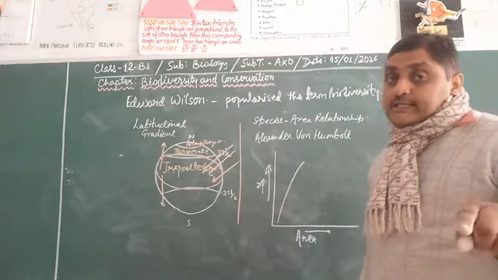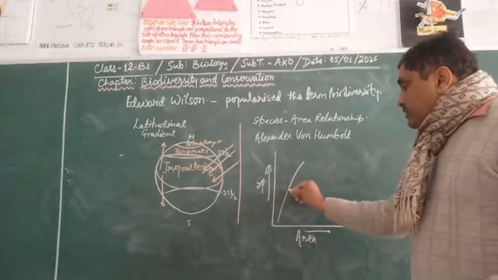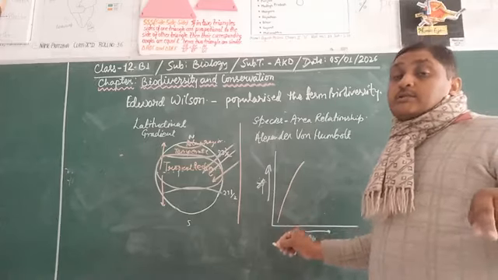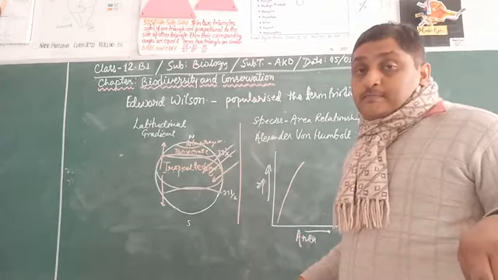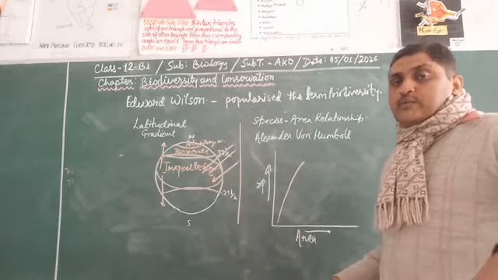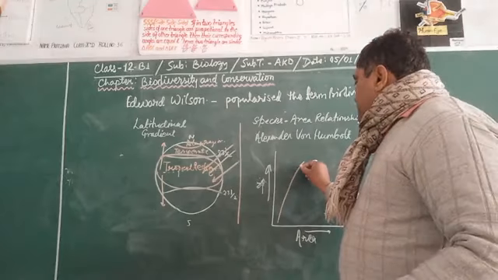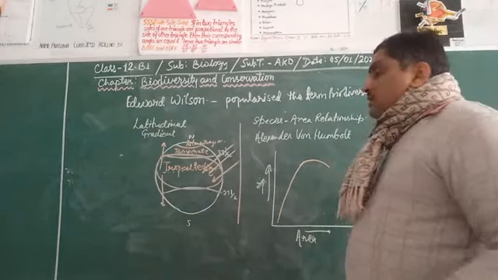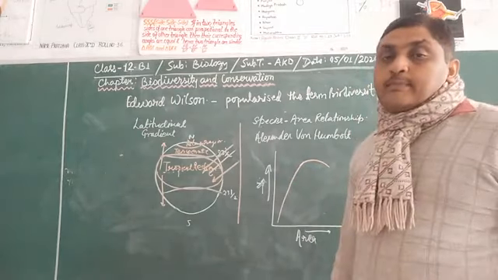He suggested that as the area increases, the number of species will increase, but only up to a certain limit. After a certain limit, even if the area increases, the species will remain constant, and the graph forms a rectangular hyperbola.